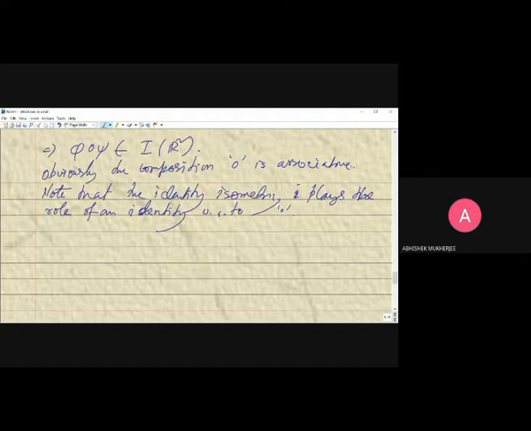So I(R2) is a monoid with respect to circle.